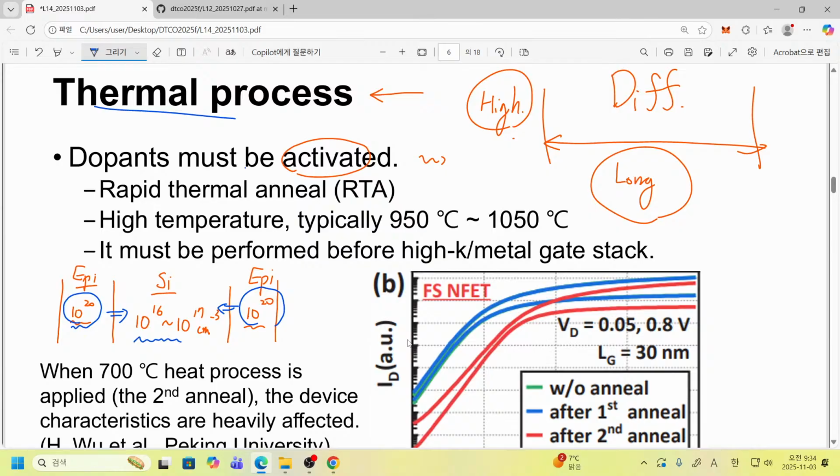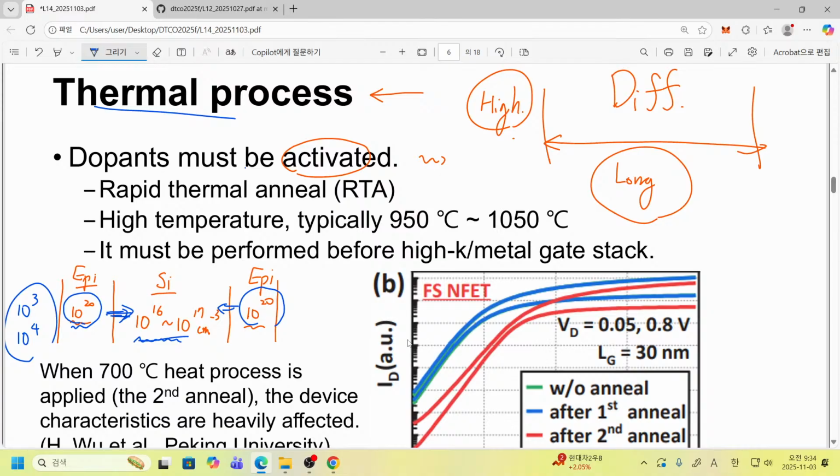Please try to estimate the density difference between these two numbers. It is 3 or 4 orders of magnitude higher than the silicon region. So from the viewpoint of our epitaxial layer, the silicon channel is just empty, and when heat is supplied, they just diffuse into this silicon.